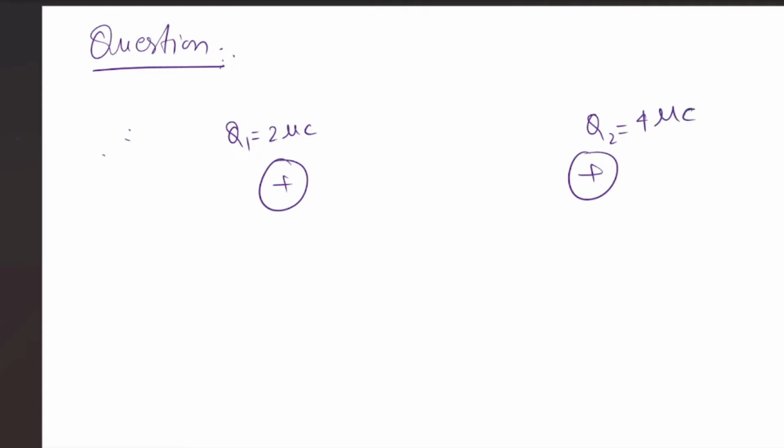In between, I'm keeping a charge at point P. This charge has a magnitude of, let's say, 2 microcoulomb as well. The distance between the two charges is 4 centimeter, and the distance of point P from the Q1 charge is 1 centimeter.